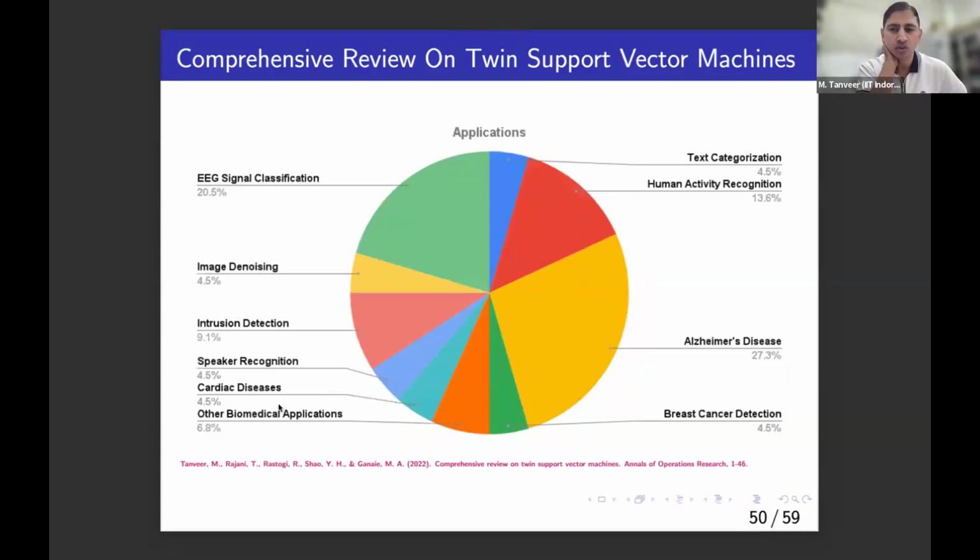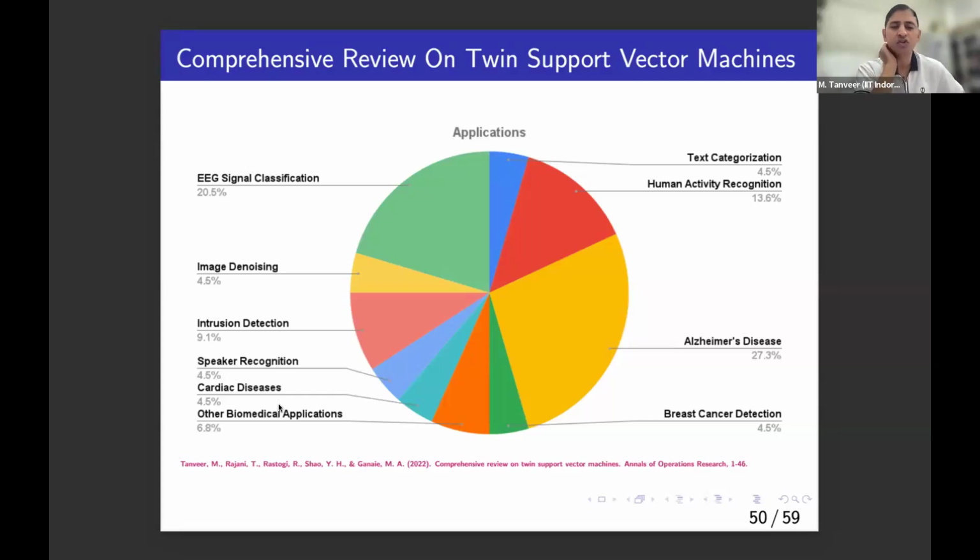You can see that it is mostly applied on Alzheimer's disease and EEG signal classification, and also human activity recognition, text categorization, intrusion detection, image denoising, cardiac disease, speaker recognition, and several other applications.